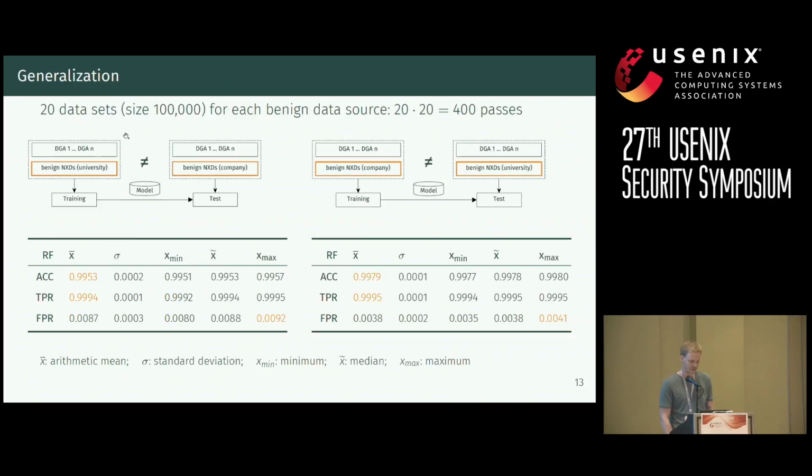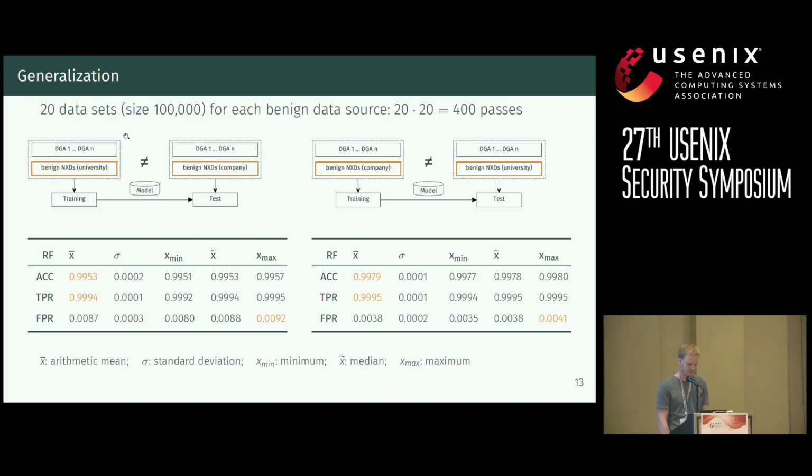The third experiment I present is to test how well FANCI generalizes. That means we wanted to test if it is possible to perform the training in network 1 and then deploy FANCI in a second unknown network. For this we again use 20 data sets of size 100,000, in this case per benign data source, and perform the cross-validation, resulting in 400 passes overall.